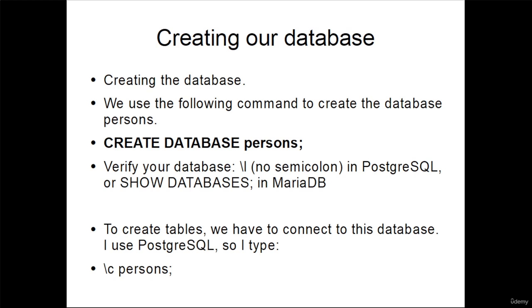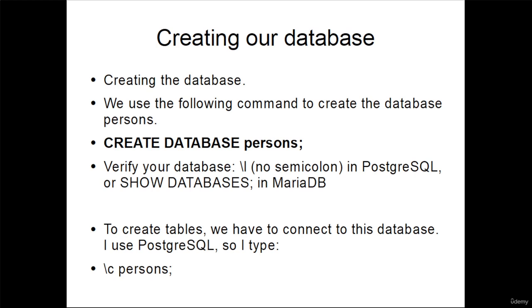Once the database is created, you need to connect to it before you can start building tables or running queries. In Postgres, use this command to switch to the persons database. \c persons. The \c command, short for connect, tells Postgres to switch your session to the persons database. Note, this is specific to the Postgres command line tool, psql.